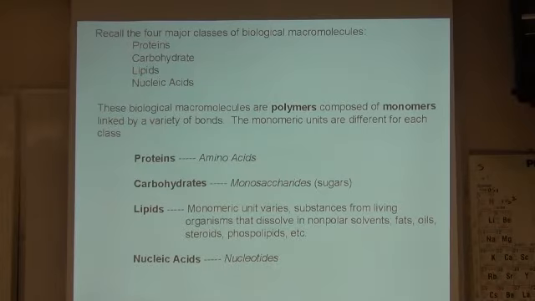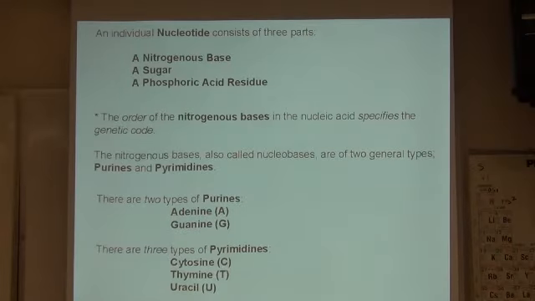Their monomeric unit is a nucleotide, and there are structural features that can be identified that will allow you to differentiate nucleic acids from the other three classes of biological macromolecules. Let's see what makes up a nucleotide.